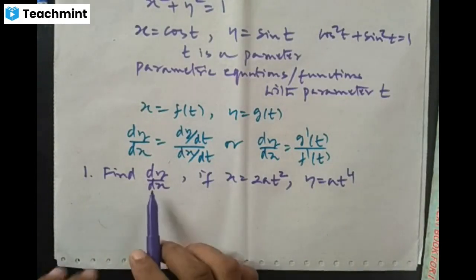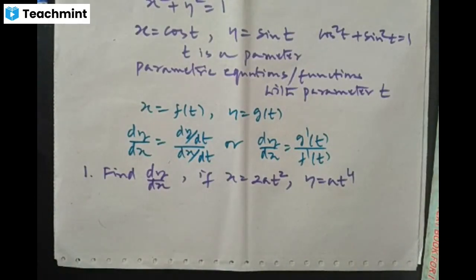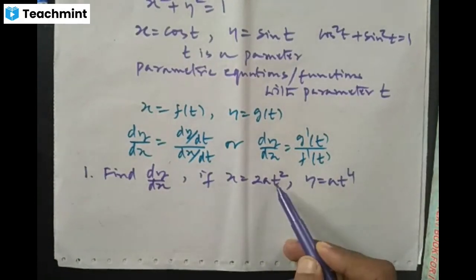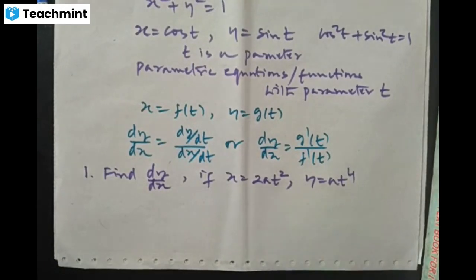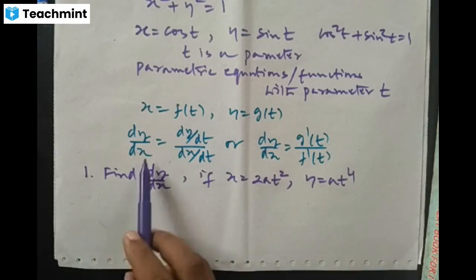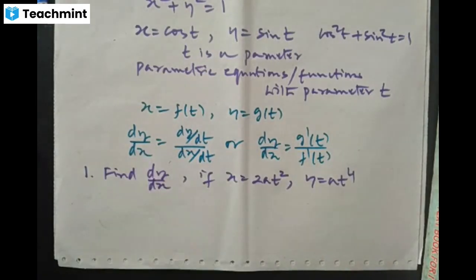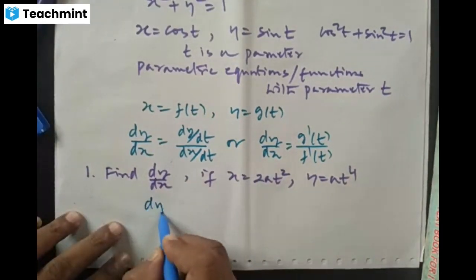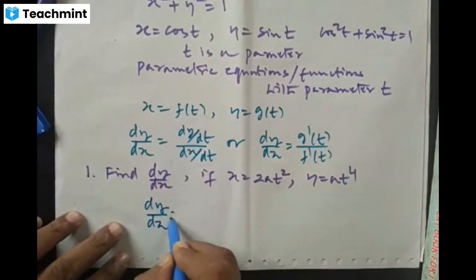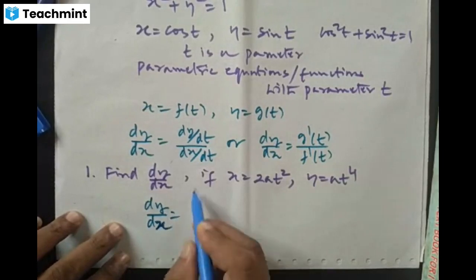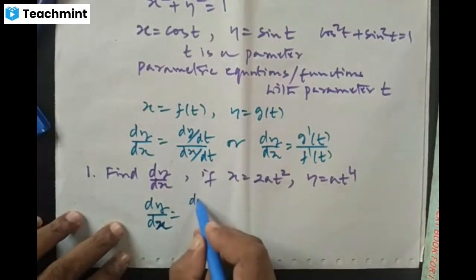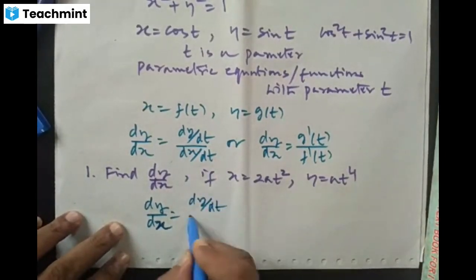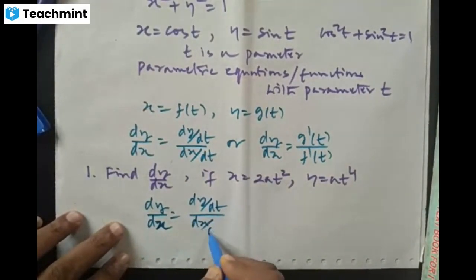So we have to find dy by dx without eliminating the parameter t. For that we have to use this formula. So dy by dx is equal to dy by dt divided by dx by dt.